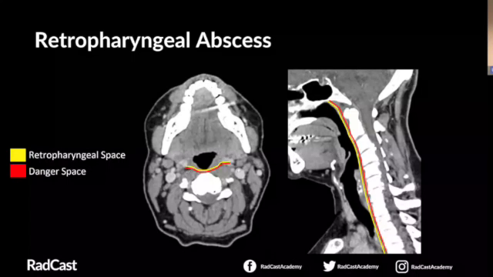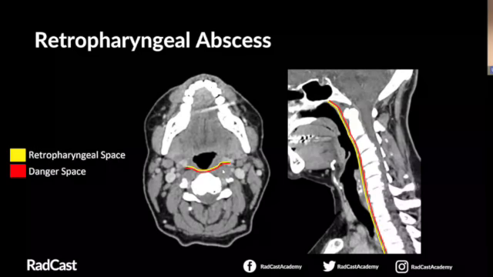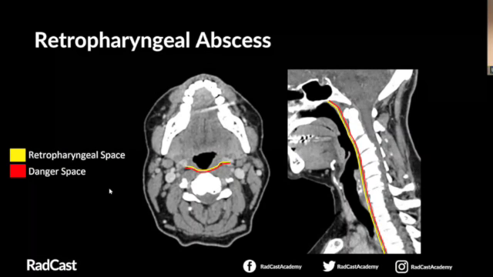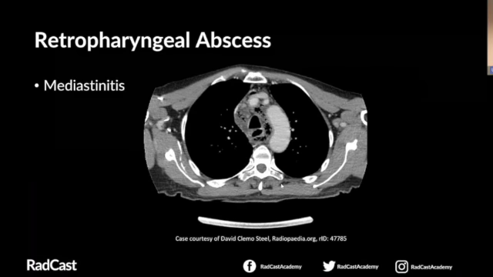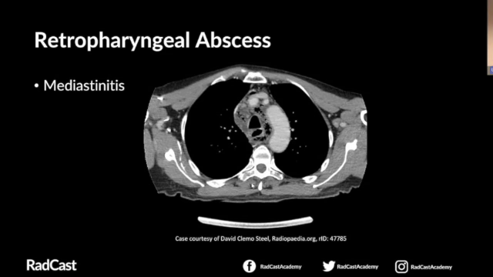And there's only a very thin layer of fascia that separates the retropharyngeal space from the danger space. So if you have infection in the retropharyngeal space, it gets into the danger space, and then it can descend down into the mediastinum and cause mediastinitis. Which is why, as you all probably know, you have to image the thorax when you have an acute neck infection, just to make sure that you don't miss infection spreading down there.